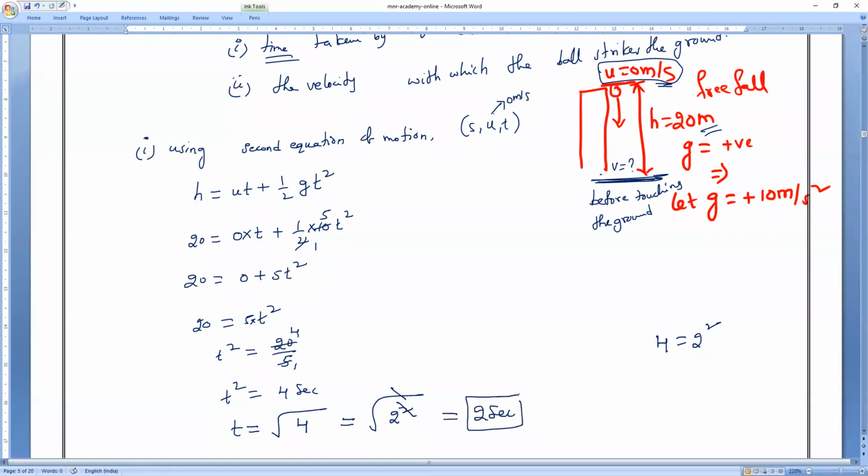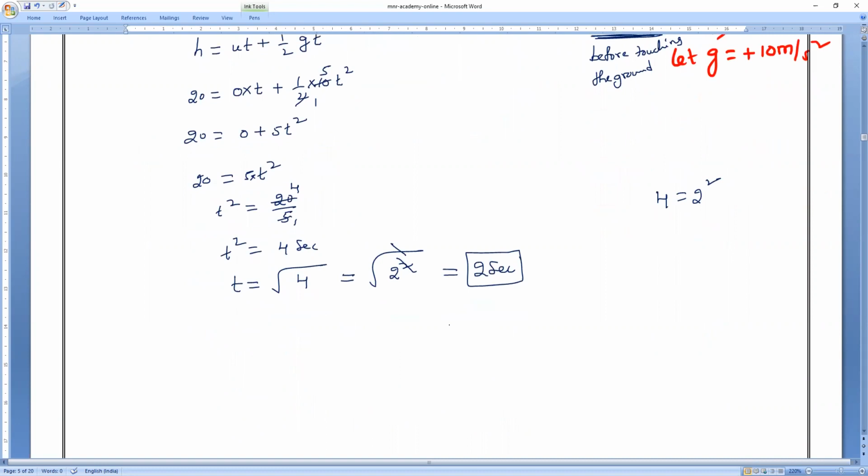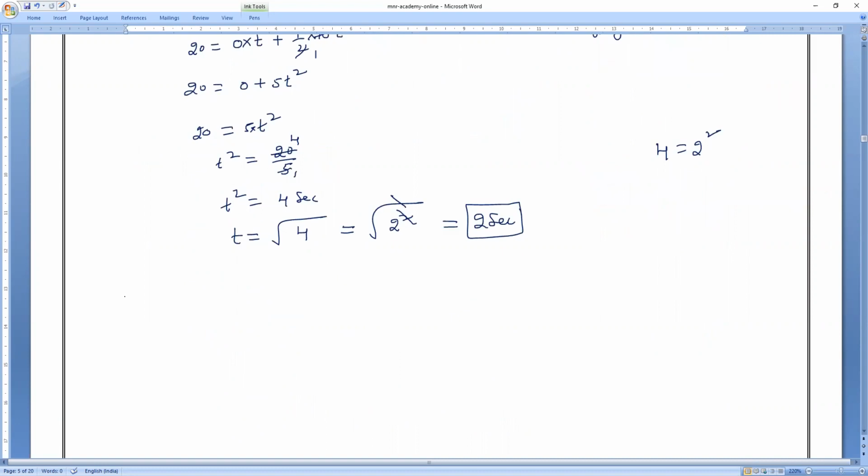Now they are asking the final velocity. You know the time and the initial velocity, and you want to find the final velocity. Which equation is easy to find it? First equation, sir.